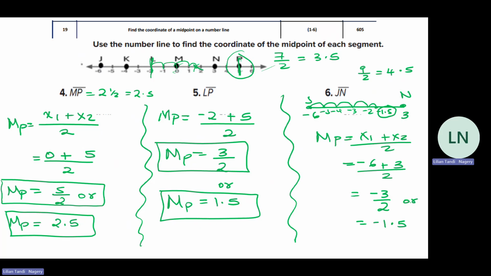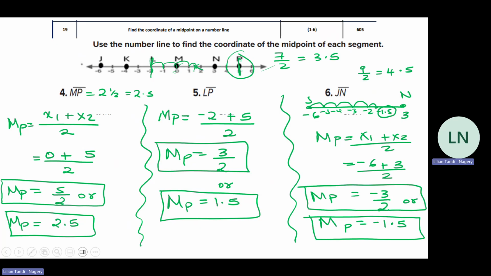So your answer is that. MP, midpoint. MP stands for midpoint, instead of me writing the whole word out. Okay. We move on.